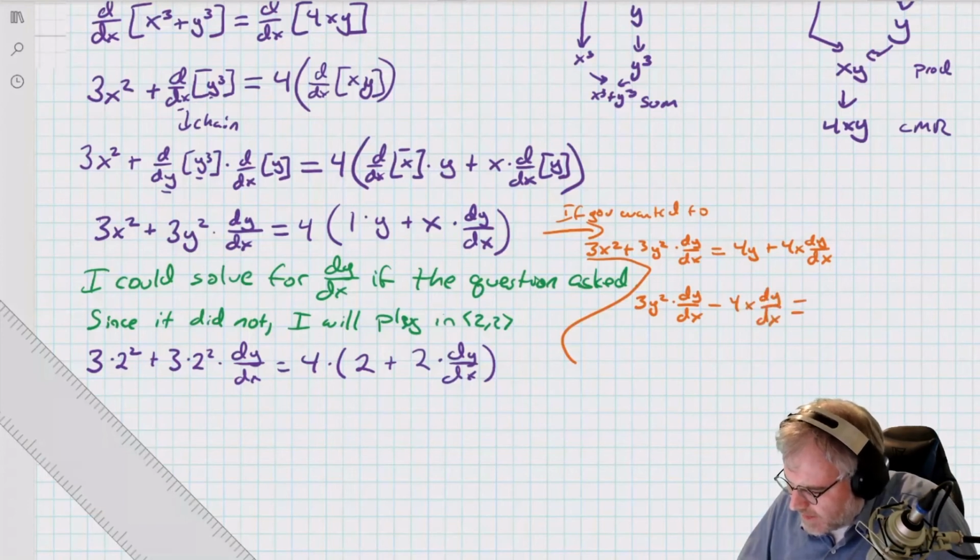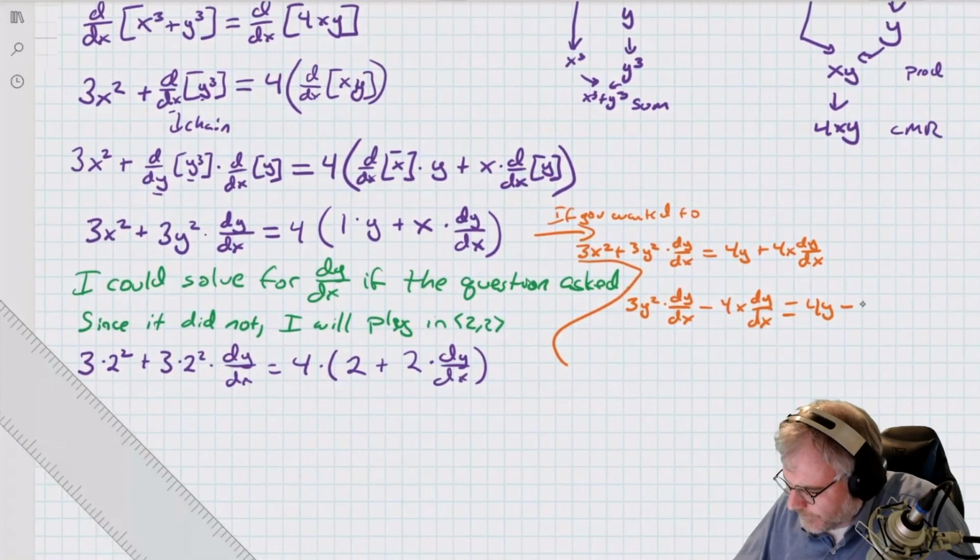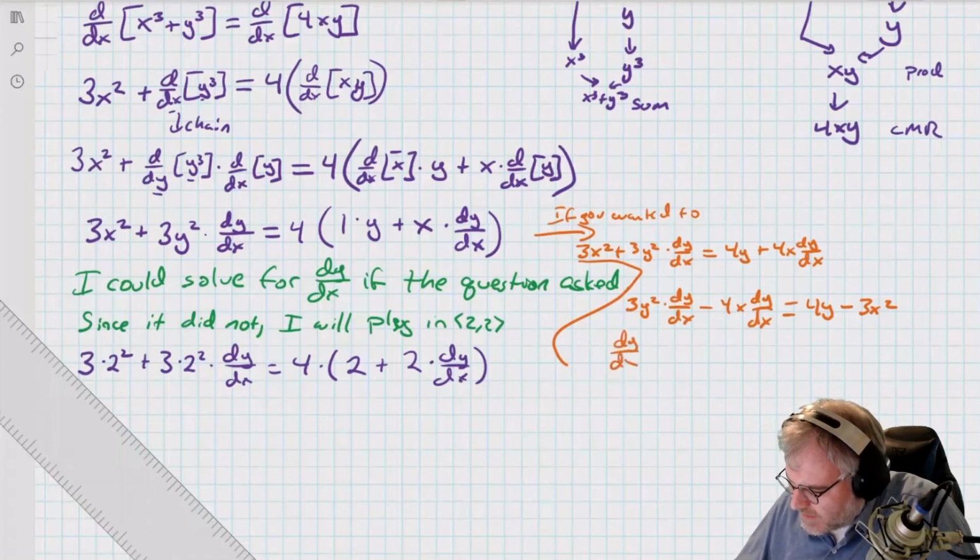So I isolate the dy over dx terms. I get 4y minus 3x squared. And then I'm going to factor and solve the divide here. So I'll get dy over dx times 3y squared minus 4x equals 4y minus 3x squared.